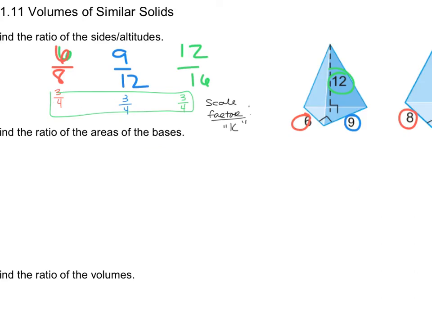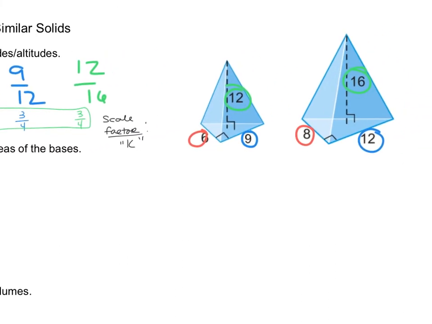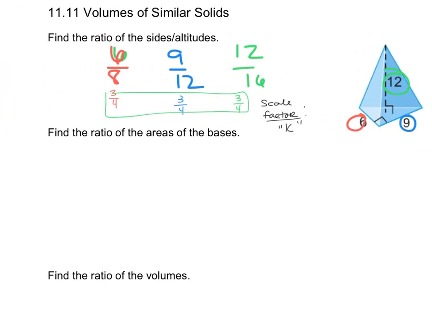Now we're going to examine the ratio of our bases. The bases are going to be triangles because these are pyramids, and pyramids have a triangular base typically. We know our area formula for a triangle is base times height divided by 2.